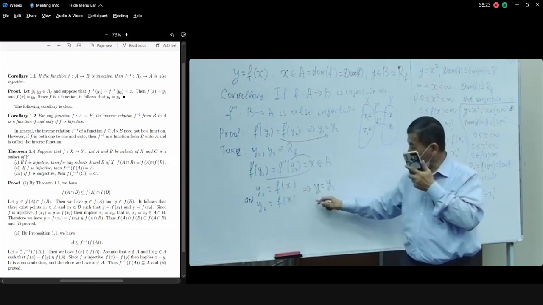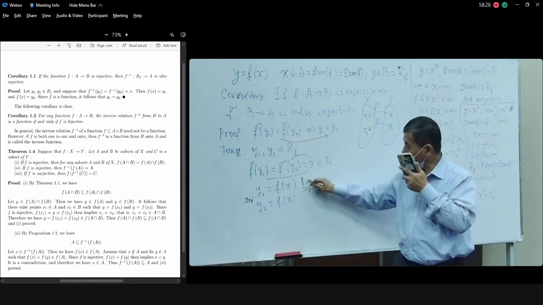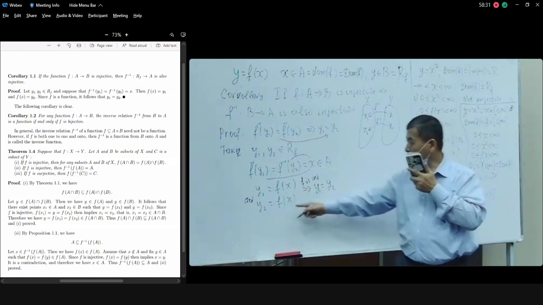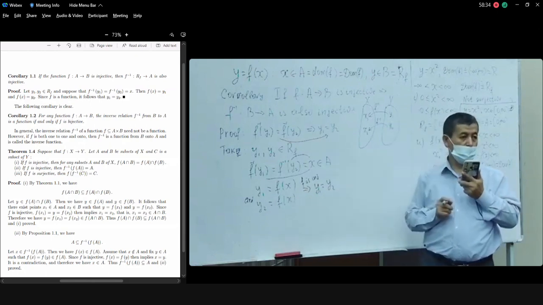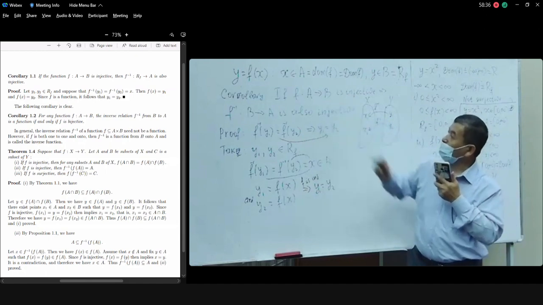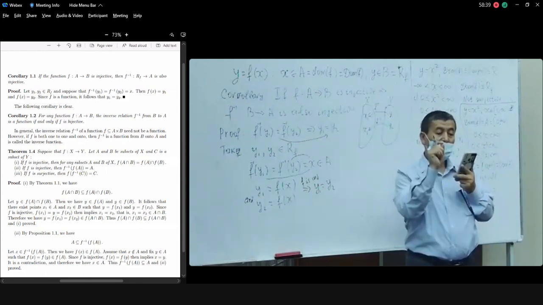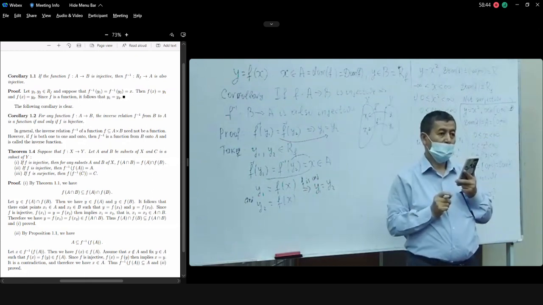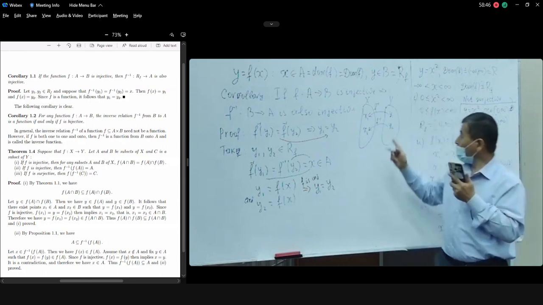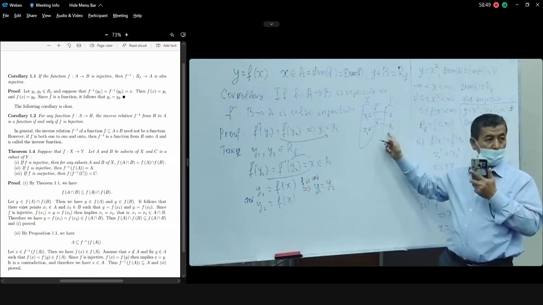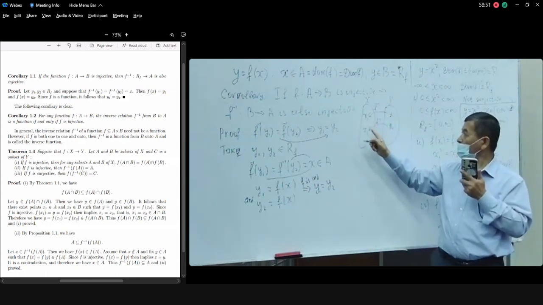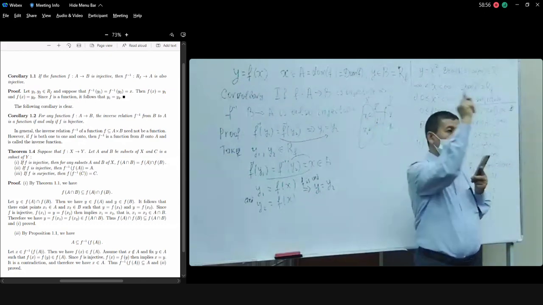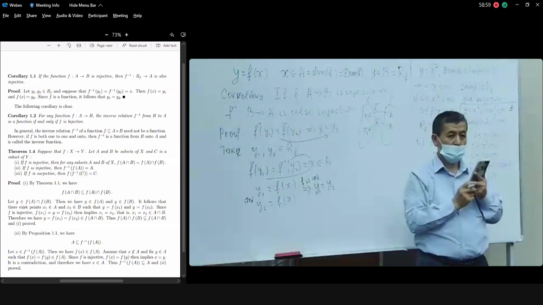Since f is injective, it implies y1 must be y2. So that is the proof of this theorem. If f is injective, f minus 1 is also injective. In other words, for every element y1, y2 there is one element in x, x1, x2.